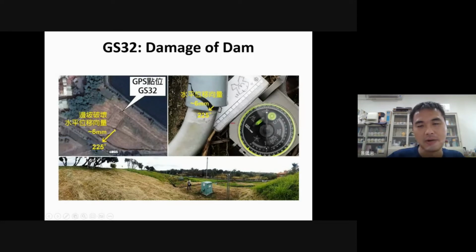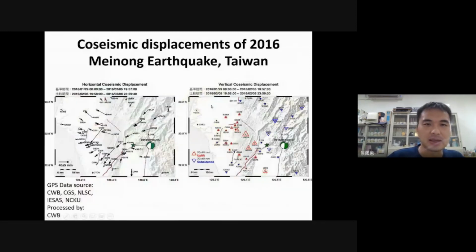The pattern here shows 6 millimeter displacement. It is the artificial displacement. So if we use the GNSS or GPS data, then we usually encounter this kind of problem, because unless we go to the field, we don't know what happens at this site.